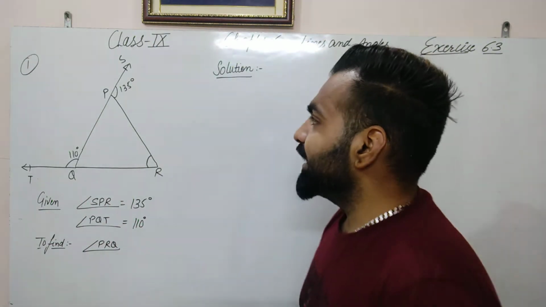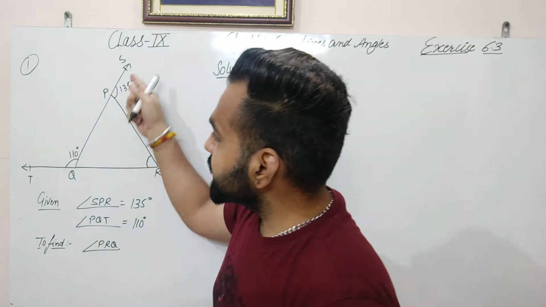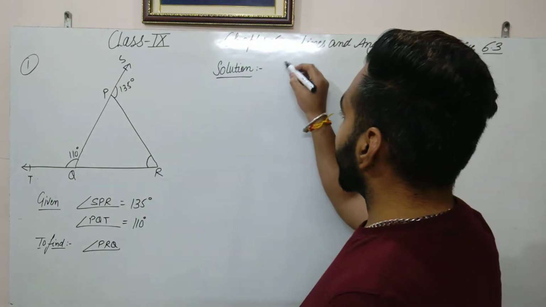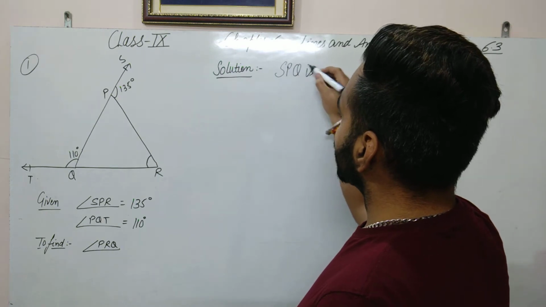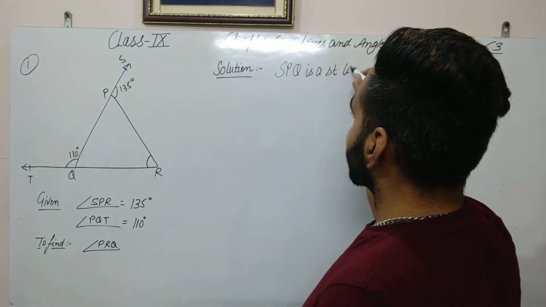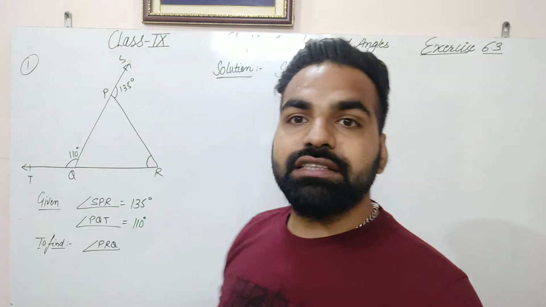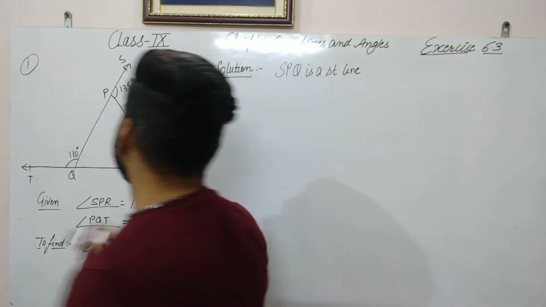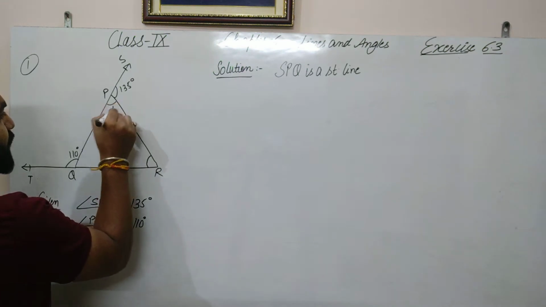First of all, we can see that SPQ is a straight line. So we write SPQ is a straight line, and we know that the sum of angles on a straight line is 180 degrees, that is a linear pair. Let us suppose this angle is 1.